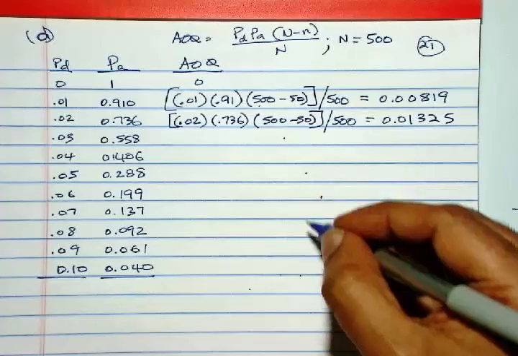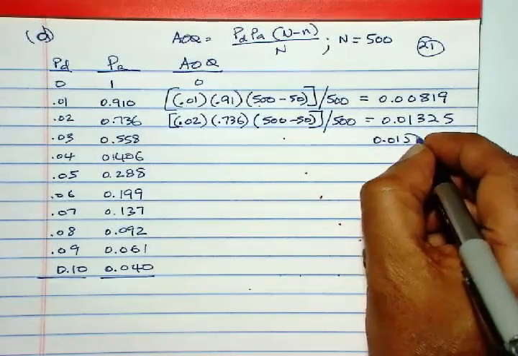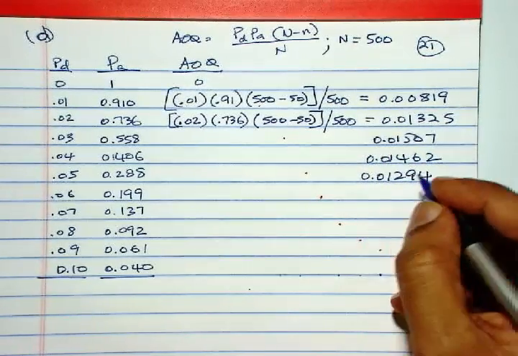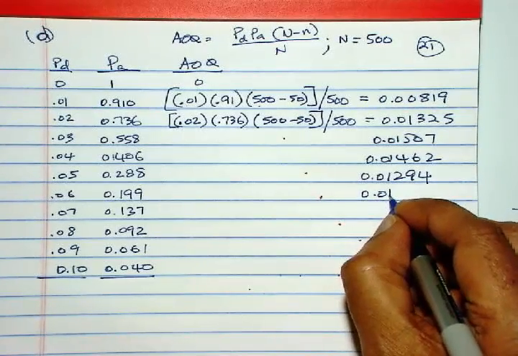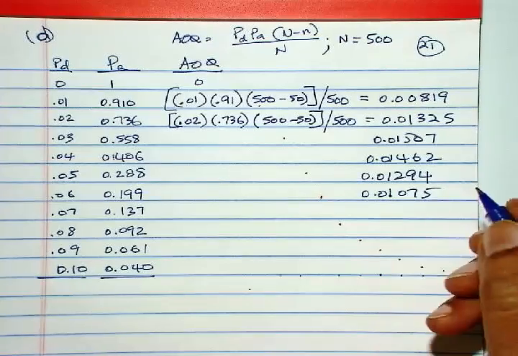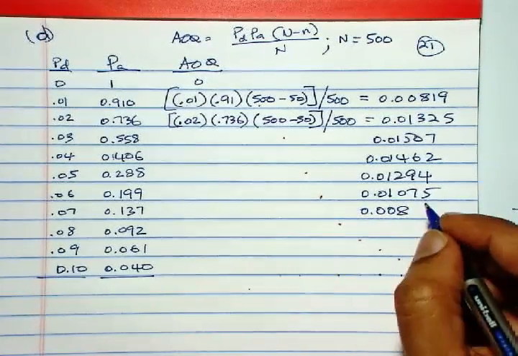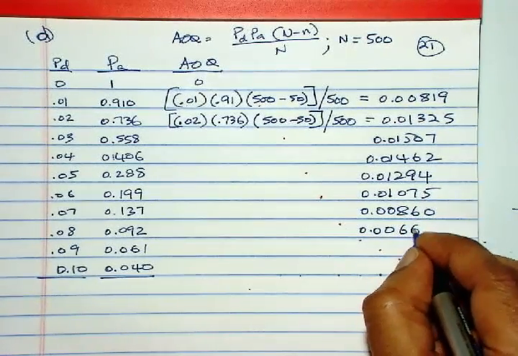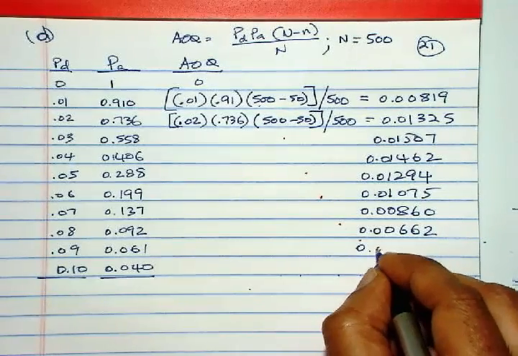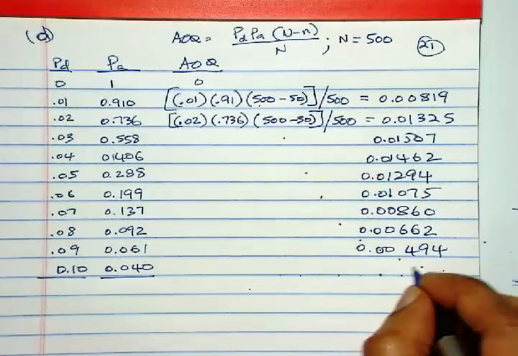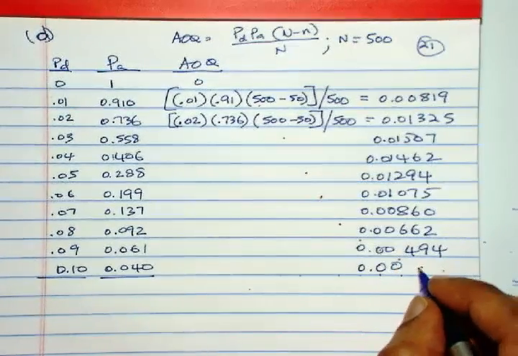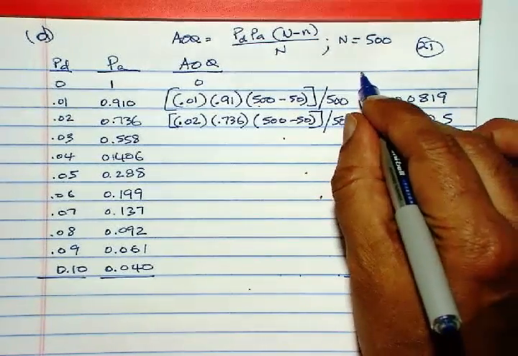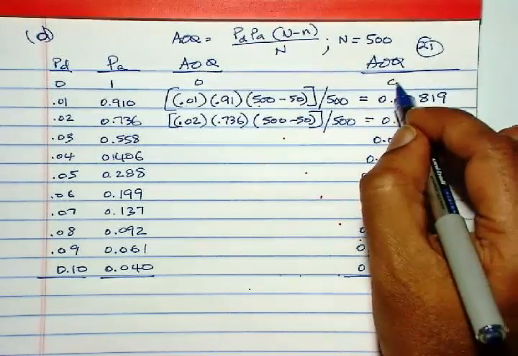So this will be 0.01507, 0.01462, 0.01294, 0.0086, 0.00662, 0.00494, 0.0036. So these are the AOQ values.